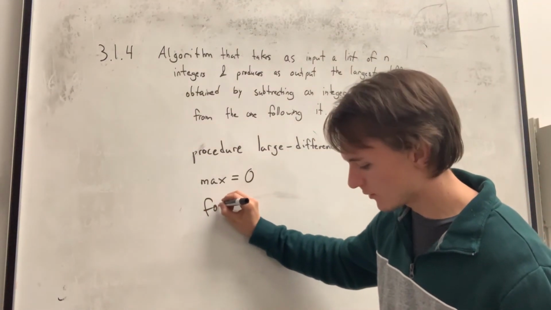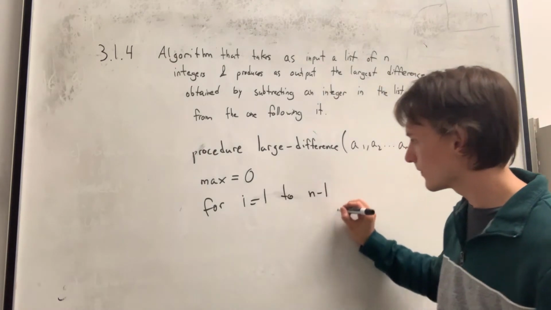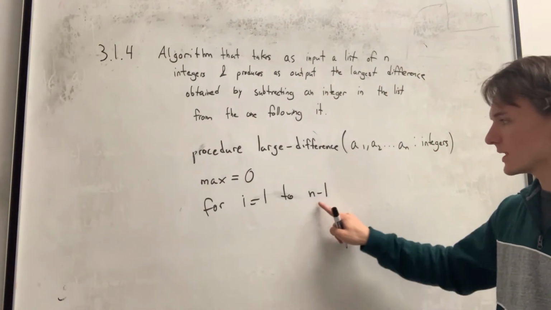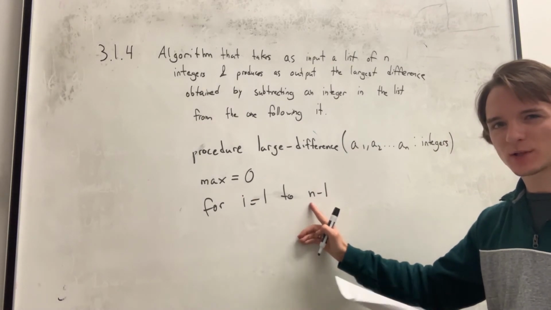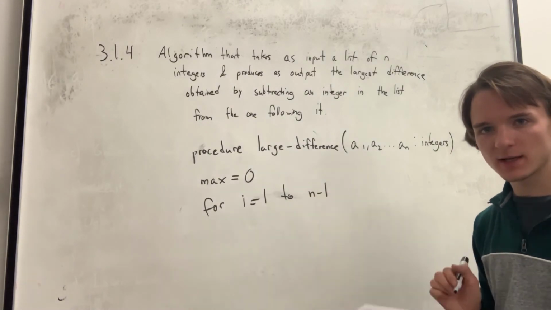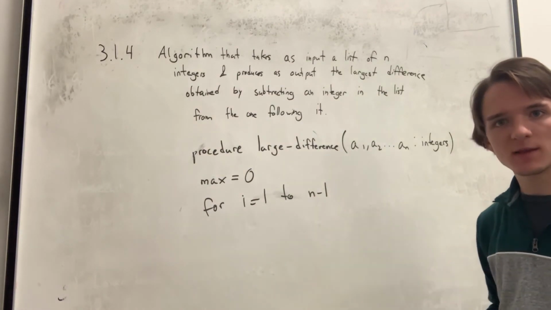So for I equal to 1, 2, n minus 1, we do the following. Again, it's n minus 1 because if we get to n, we can't check n plus 1, right? That element would not exist. So we only get n minus 1, and then we can check n, and that would be the end of our for loop.